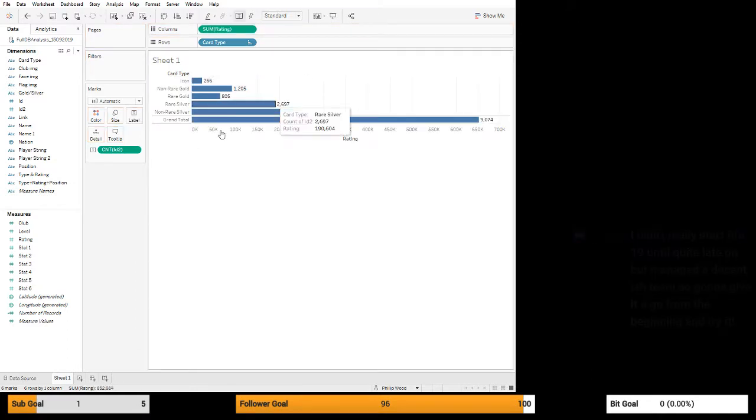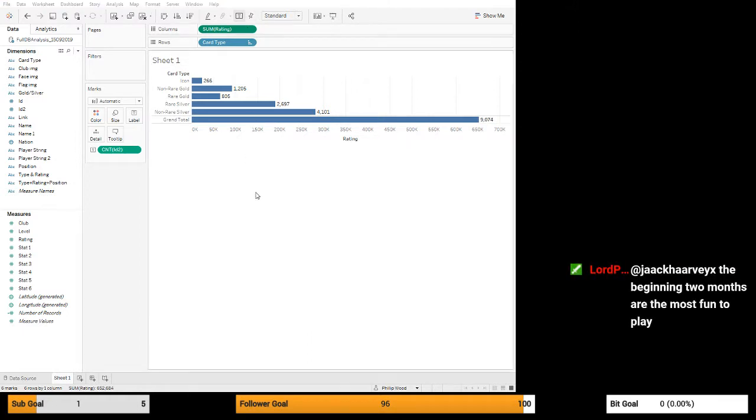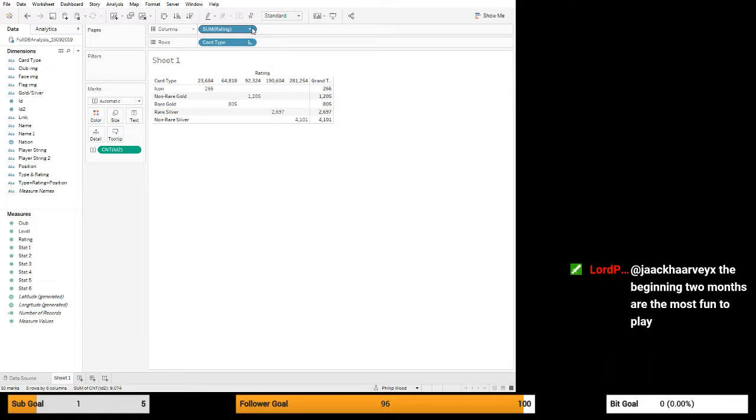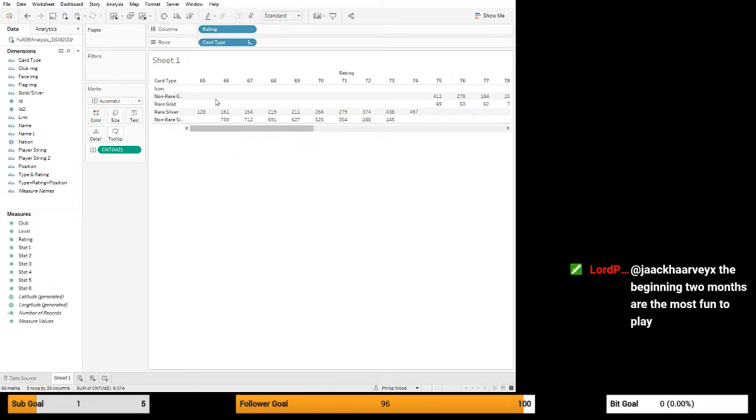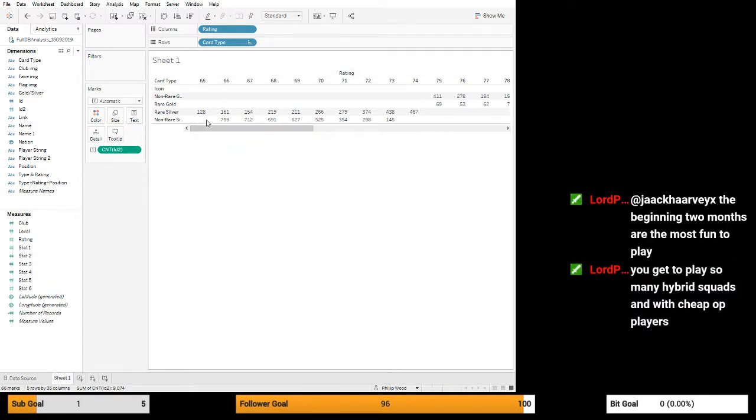Like, let's see. One second. Discrete. So now we can see how many players we've got of each different rating.